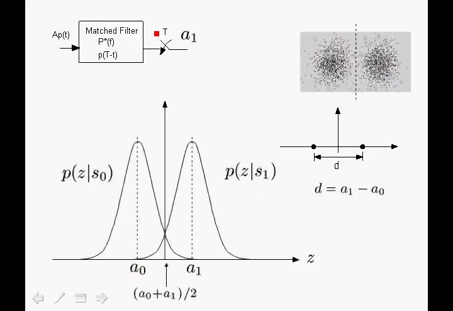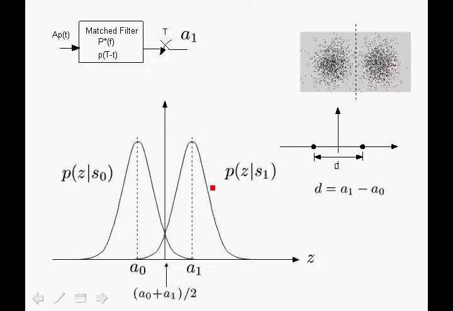Now in the case where we send the symbol -1, then we have minus a p sub t, and we get the decision variable a sub 0, and again we have a normal distribution because we have additive Gaussian noise added to it, and we get the PDF shown over here, and the variance of the noise is equal in either case. So here we have the PDF in the case that a -1 symbol corresponding to 0 was sent.